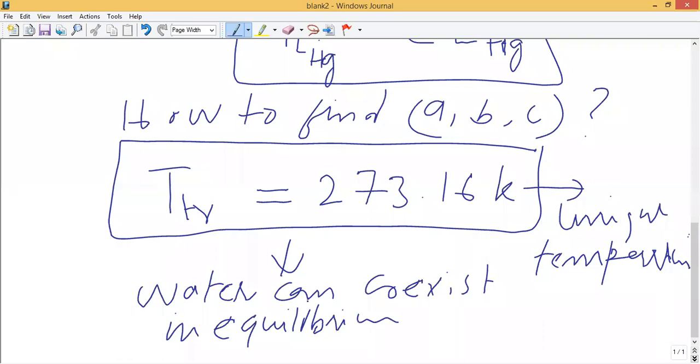Okay, so at this temperature water can exist in solid, liquid and gas.